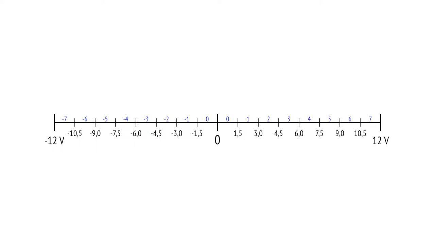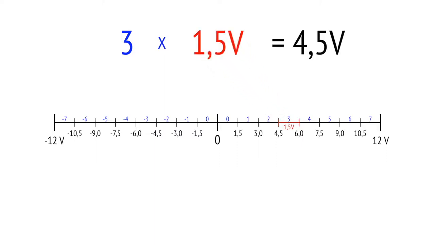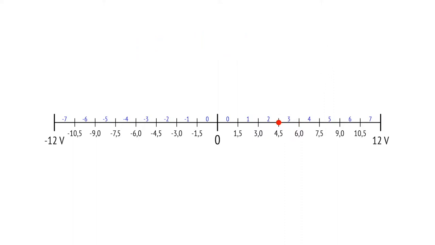We know the width of stripes. That is why we can recalculate the stripe number back to the voltage, but not completely exactly. When we multiply the stripe number 3 by the width 1.5 volts, we get the 4.5 volts. But the measured voltage was 5 volts.